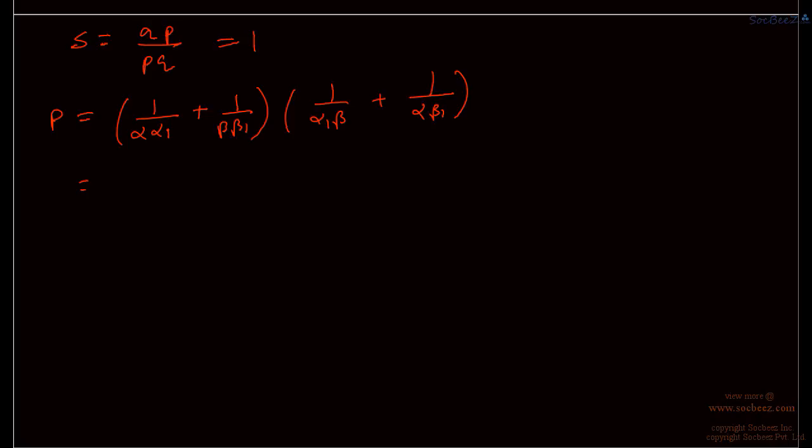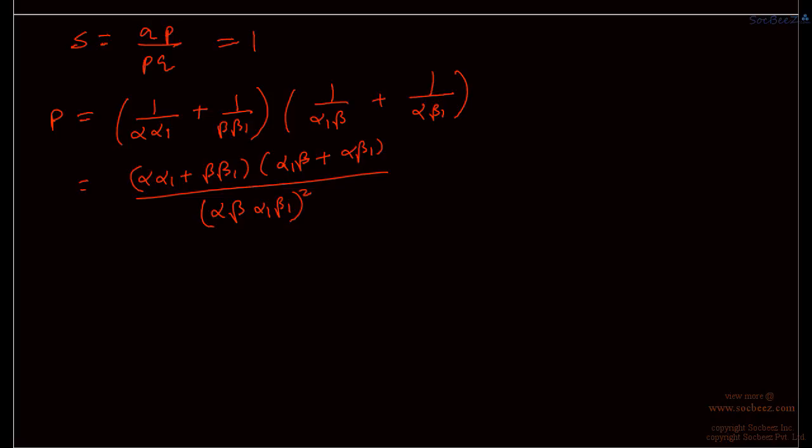So I have alpha 1 beta plus alpha beta 1 by alpha 1 beta 1 whole squared, right? So I have, I'll write that as alpha 1 beta 1 whole squared. Let's try to expand the numerator here, and let's factorize that.